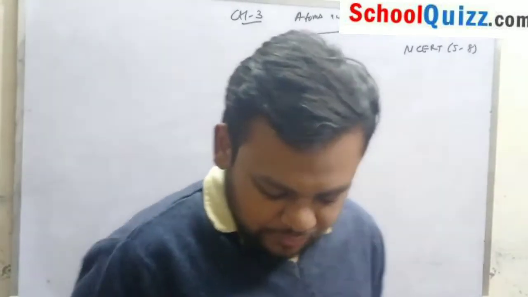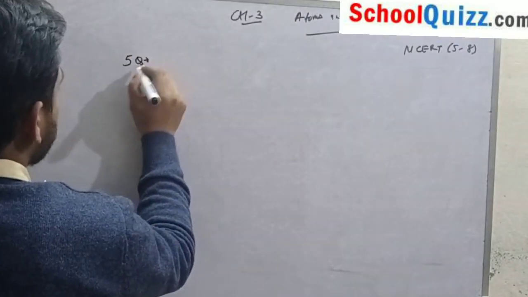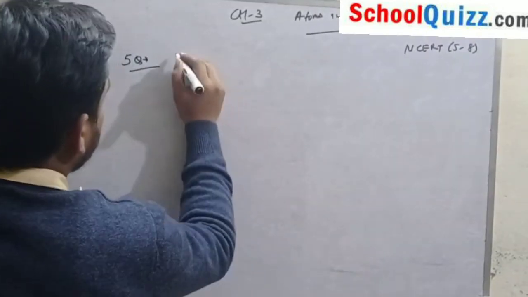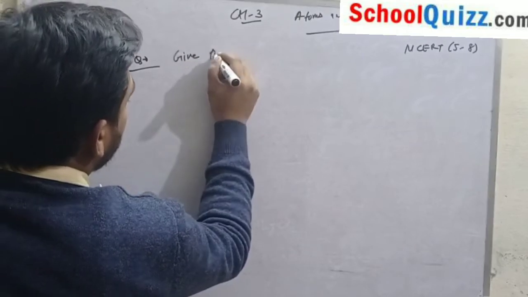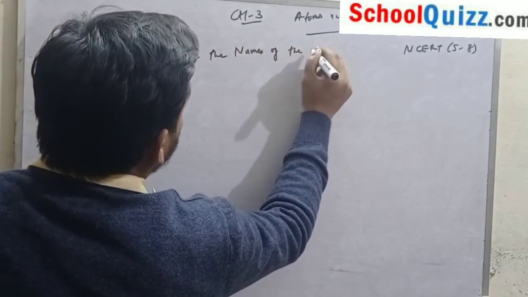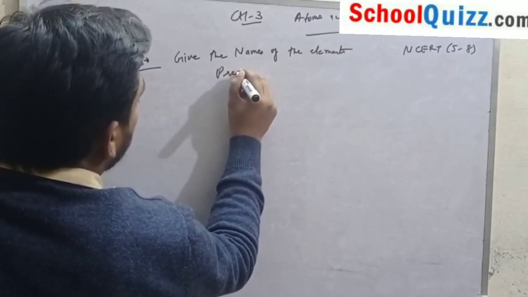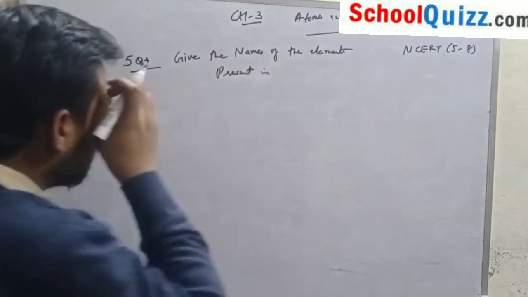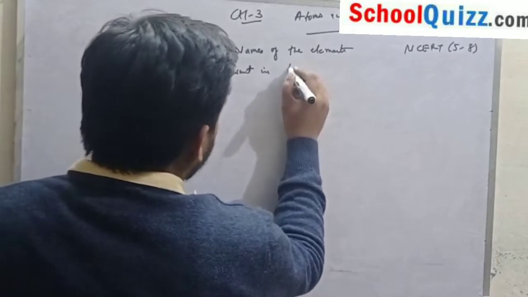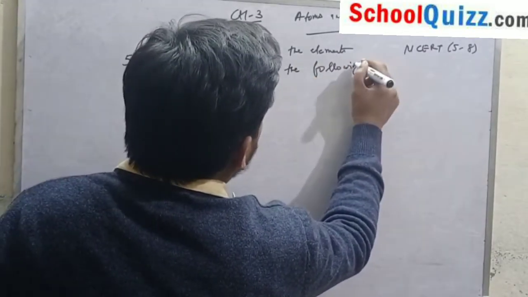Okay, so question number 5 is: give the names of the elements present in the following compounds.